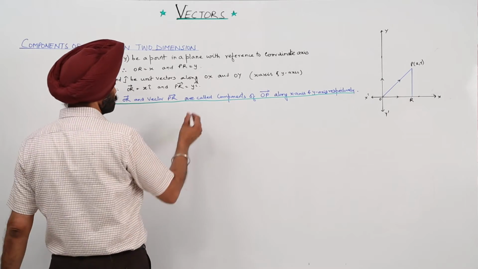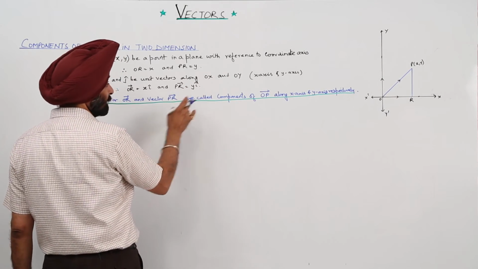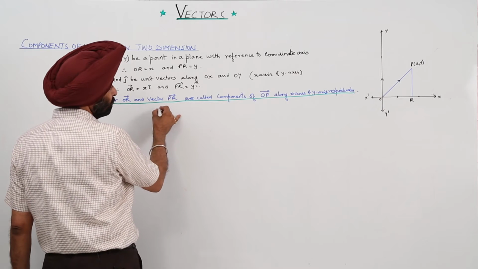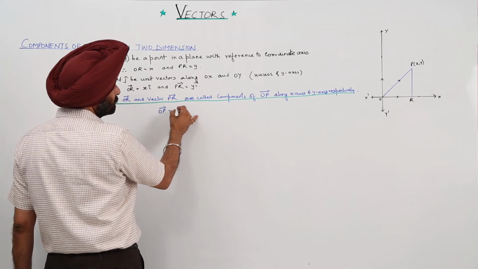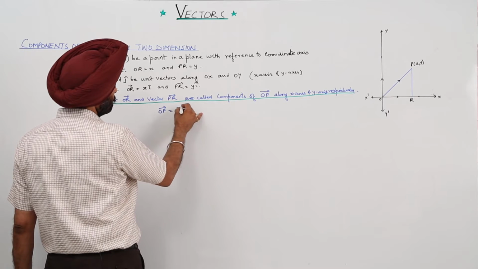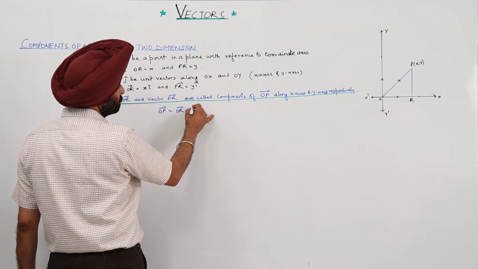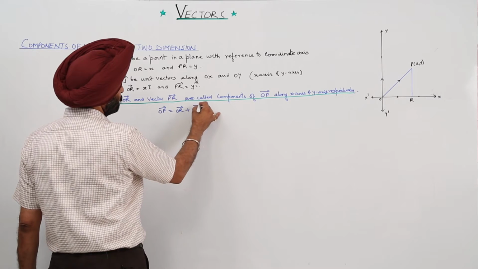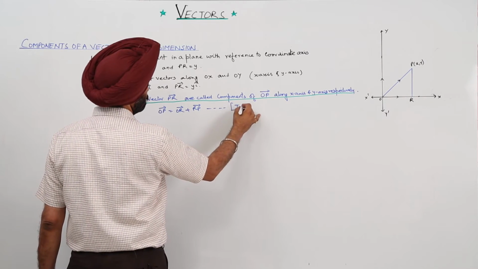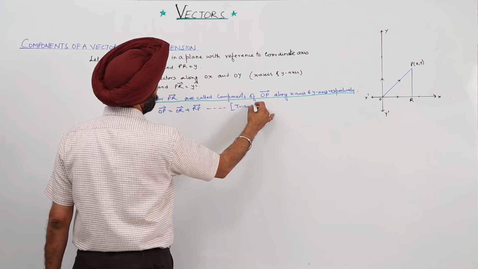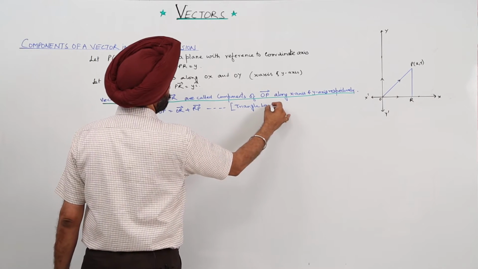Now for this basic part, from this figure we can write vector OP is equal to vector OR plus vector RP. This is the triangle law of vectors.